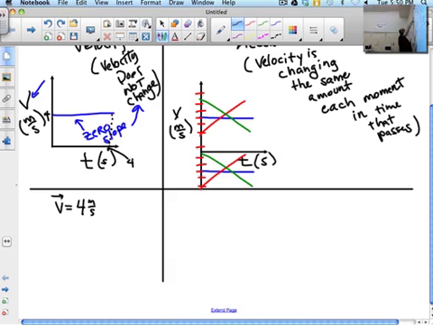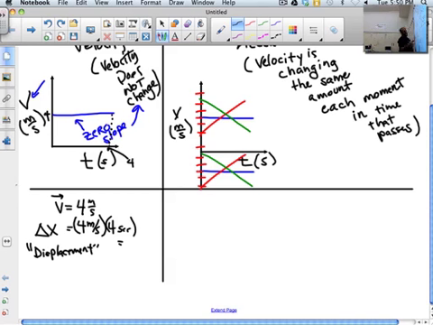That's the change in position. So change in position, called displacement, is going to be velocity times time. So in this case, it's 4 meters per second times 4 seconds.